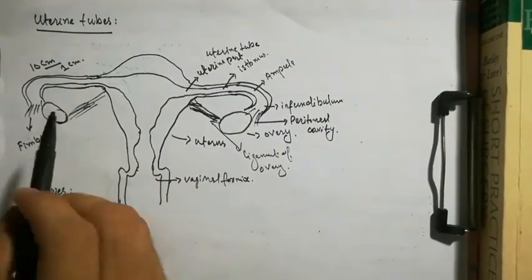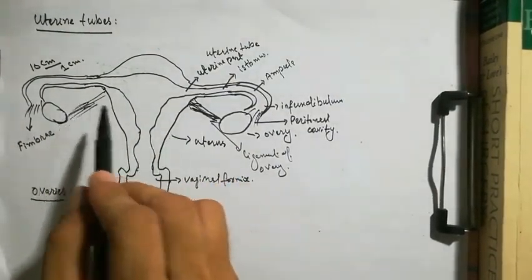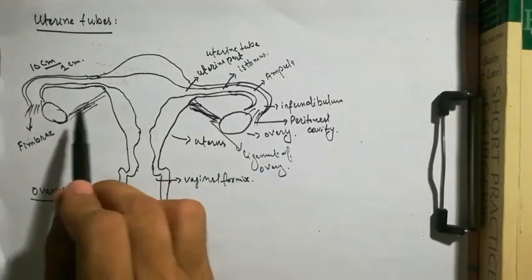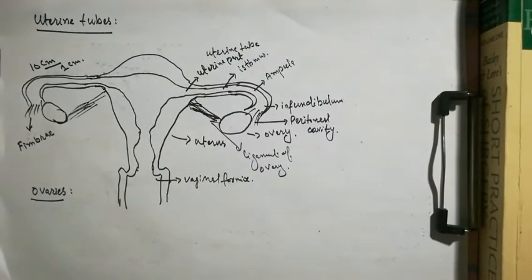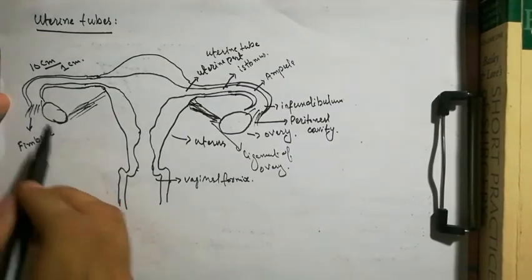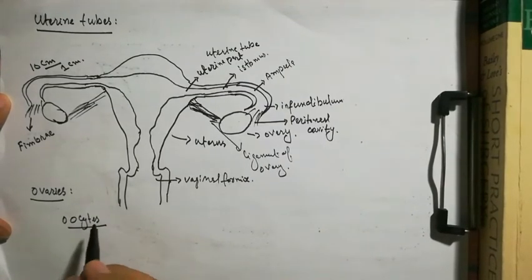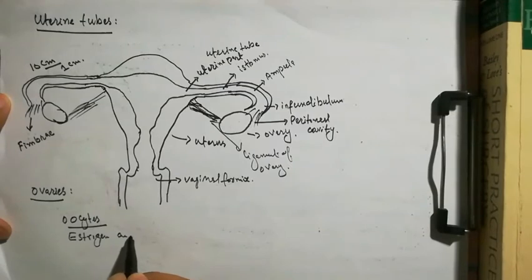Now ovaries. There are 2 ovaries in one female. They are located on each side of uterus. Ovaries produce oocytes and 2 hormones, estrogen and progesterone.